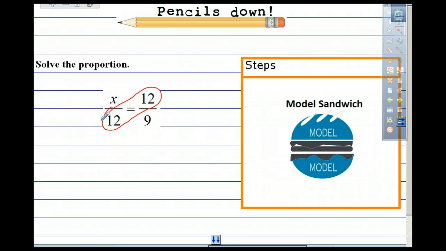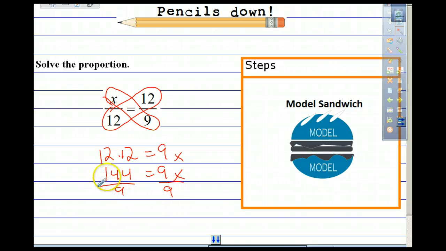Here's your problems on your paper. We're going to do, does 12 times 12 equal, sorry, let's say 9 times x. Okay. So just 144. So we're just going to solve this. So same thing we did last night. How many times was 144 divided by 9?